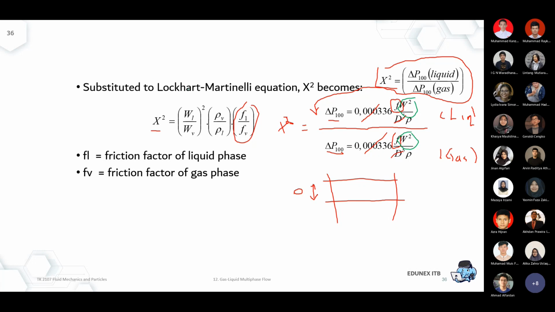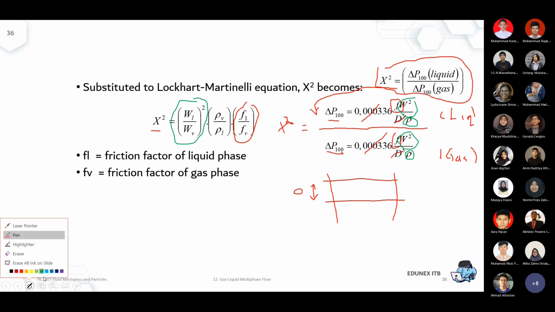That means when we put the ratio, it's still the mass rate of the liquid divided by the mass rate of the vapor. The only different part is the density, because the density is found in the denominator of the Darcy equation for the pressure drop. So once we combine it into the overall Lockhart-Martinelli equation, it becomes the density of the vapor divided by the density of the liquid, not the other way around.